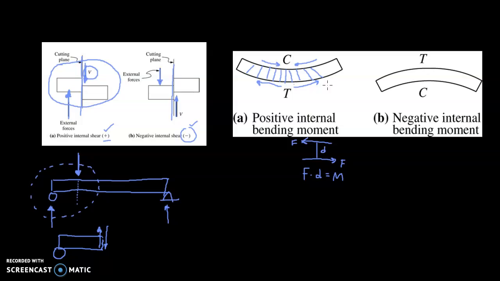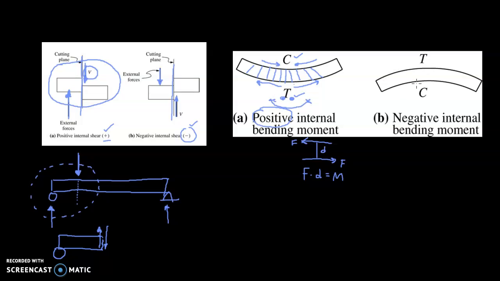When a beam bends in this way with tension in the bottom and compression in the top, and it kind of makes almost a smiley face, we're going to call that positive. That's the way I remember it. So, smiley face, positive.